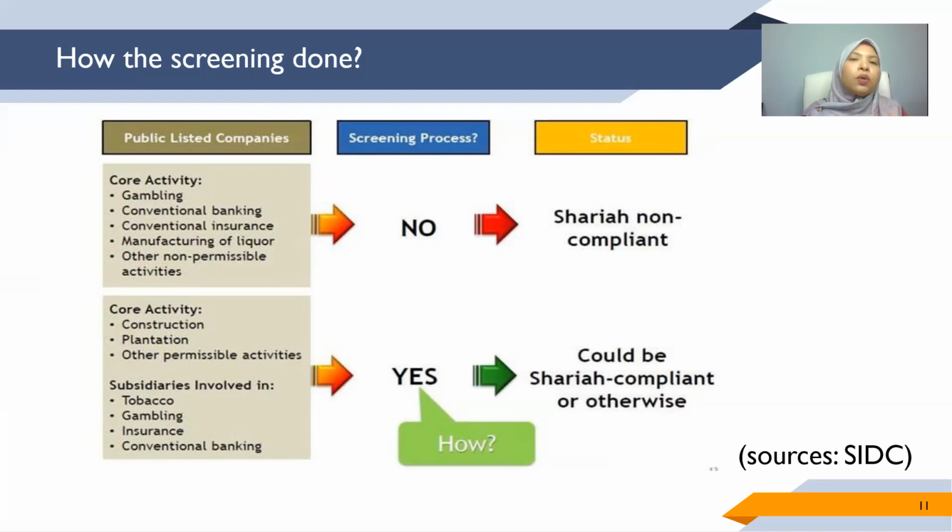This company will undergo the screening process, and the result can be either a Sharia compliant stock or a non-Sharia compliant stock. All right, so this is the bigger picture on how the screening is done. I hope you understand this. This is the very basic stage of the screening process.